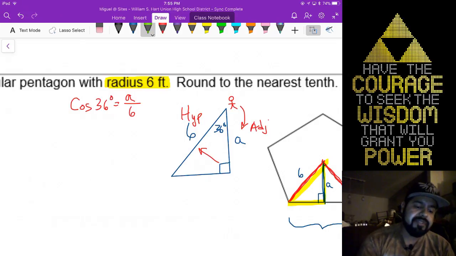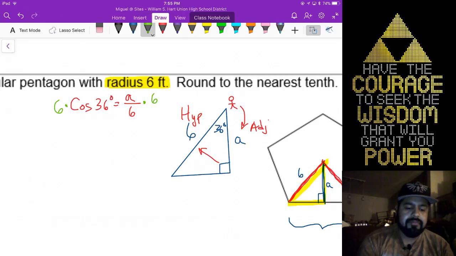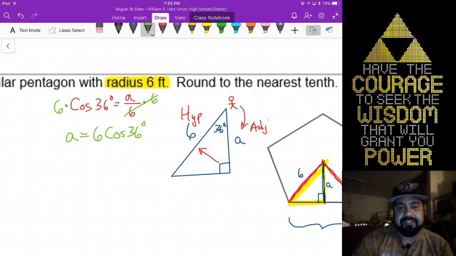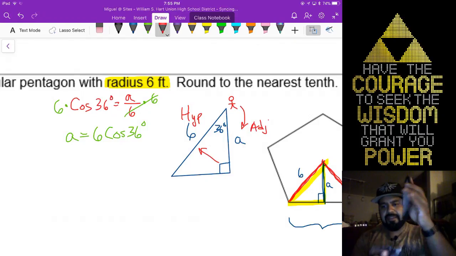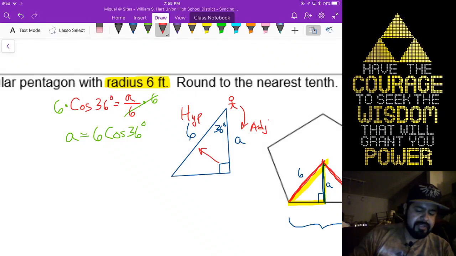We're going to multiply both sides by 6. And so that'll give us a equals 6 cosine of 36 degrees. Now that's going to go in your calculator, which of course I'm using my cell phone. Got to turn it sideways.